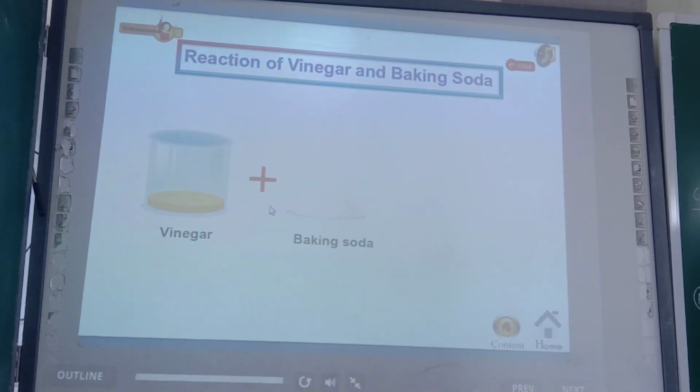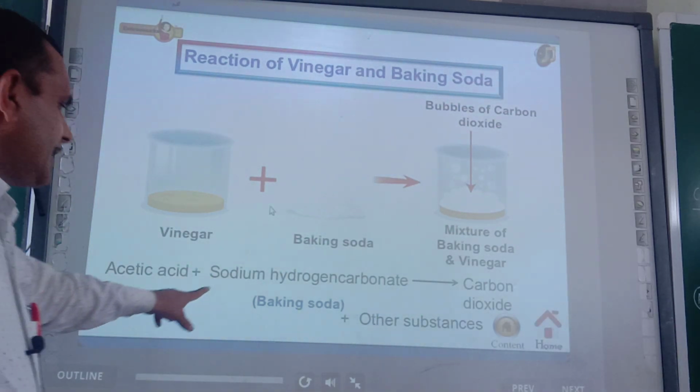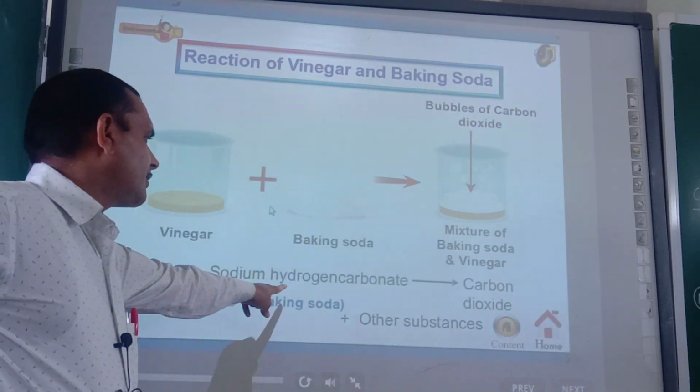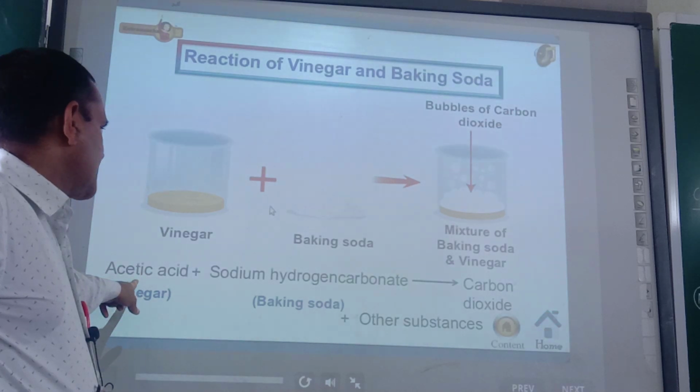This is a very interesting experiment. Vinegar is a liquid, and when baking soda is dissolved into it, you will find that a gas is produced with brisk effervescence. It is carbon dioxide gas. The chemical reaction can be written as follows. Chemically, baking soda is sodium hydrogen carbonate, and chemically vinegar is acetic acid.